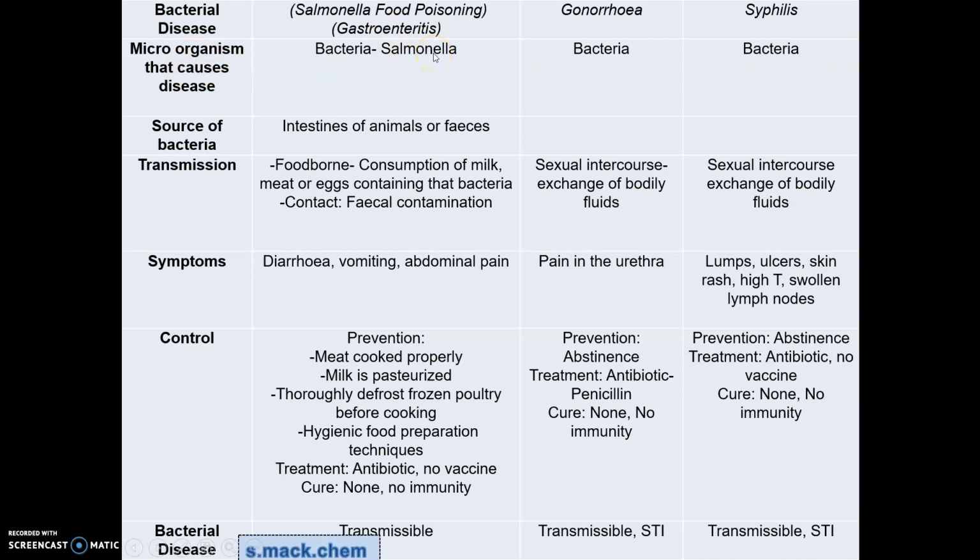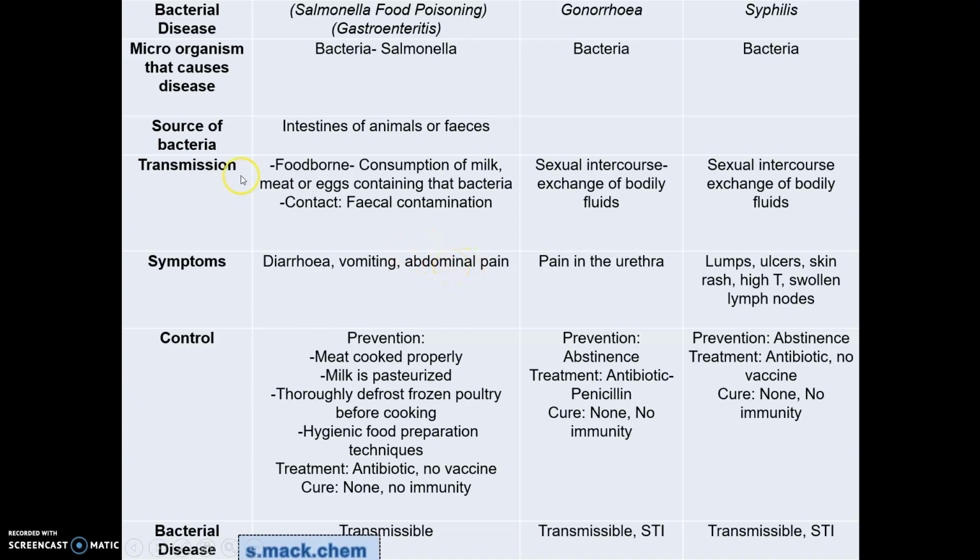You've heard of recalls on certain products, sometimes in the newspapers or on TV, about foodstuff that contain Salmonella. Once it gets into the body, it results in symptoms such as diarrhea, vomiting, and abdominal pain.